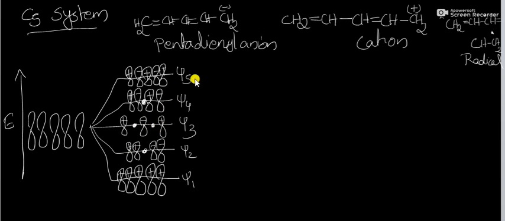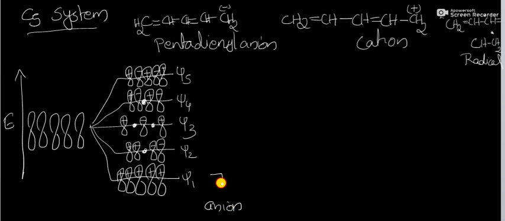Then Psi4, plus minus node plus minus. Then Psi5 has alternating plus and minus symmetry. This is the MO diagram for the C5 system.